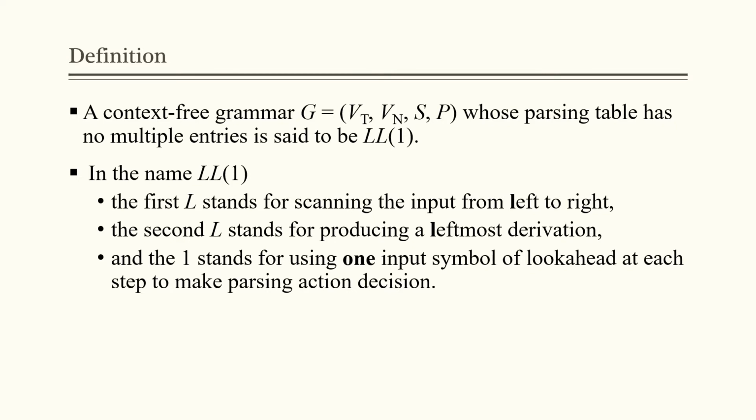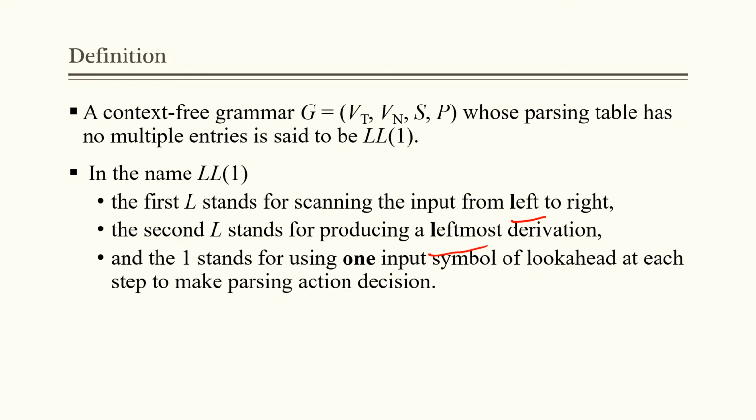So in the name LL1, what actually is LL1? The first L stands for scanning the input from left to right. The second L stands for producing a leftmost derivation.